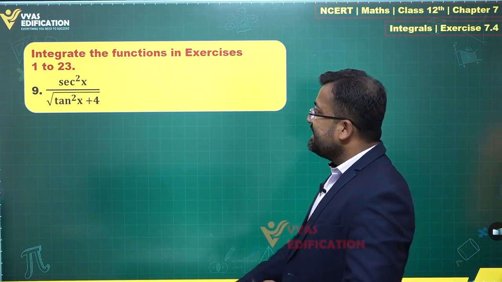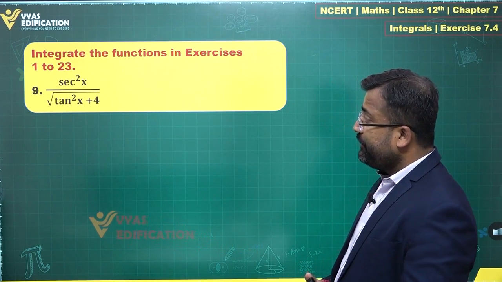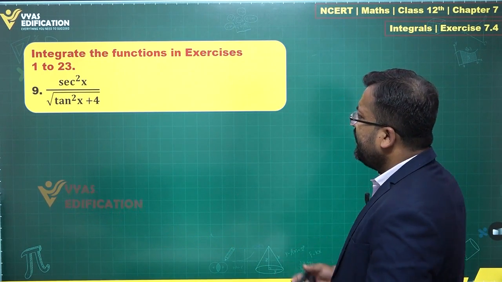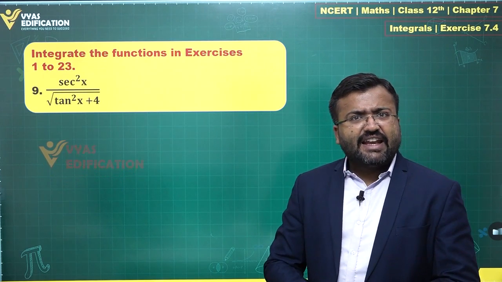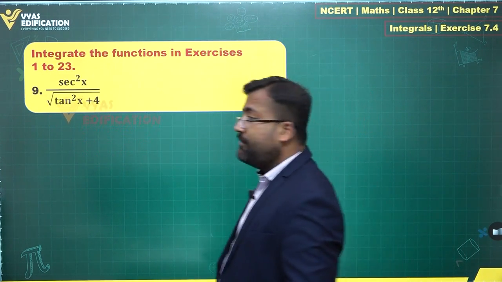Question number 9 says sec square x upon under root of tan square x plus 4. How do we handle this? You can observe that the derivative of tan x is present in the numerator. Yes, and that is the important thing to observe over here.